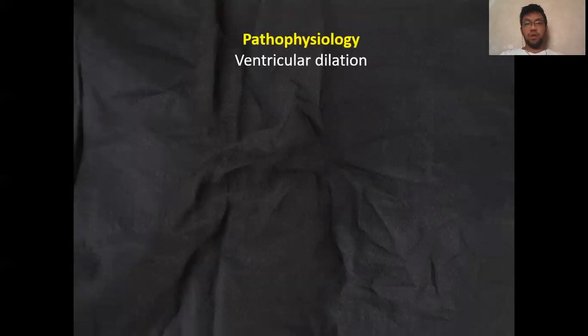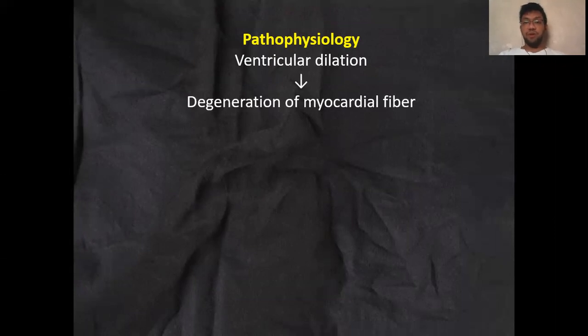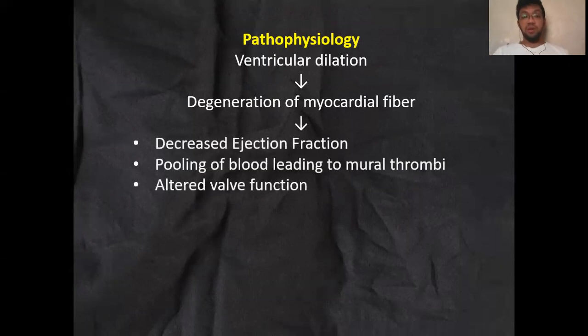Now, pathophysiology. Ventricular dilation has resulted from the degeneration of the myocardial fiber. So it has degenerated the cardiac muscles. Now, once this happens, there will be decreased ejection fraction.